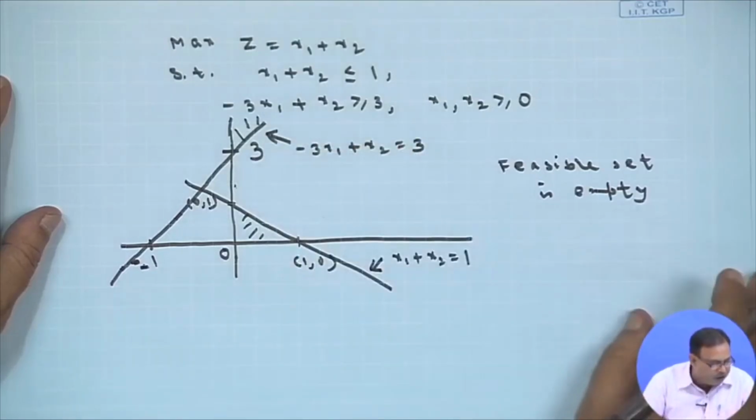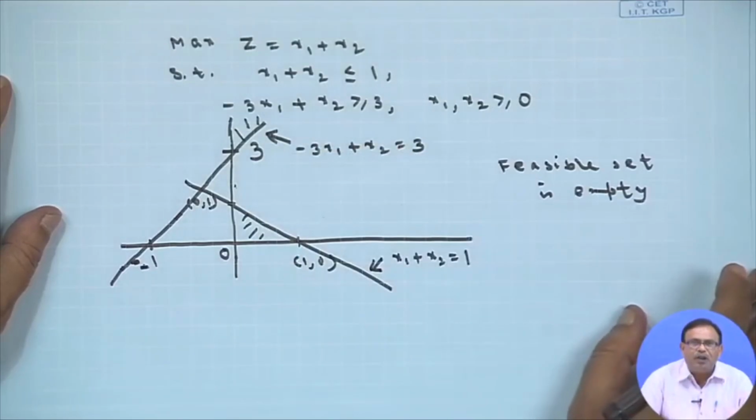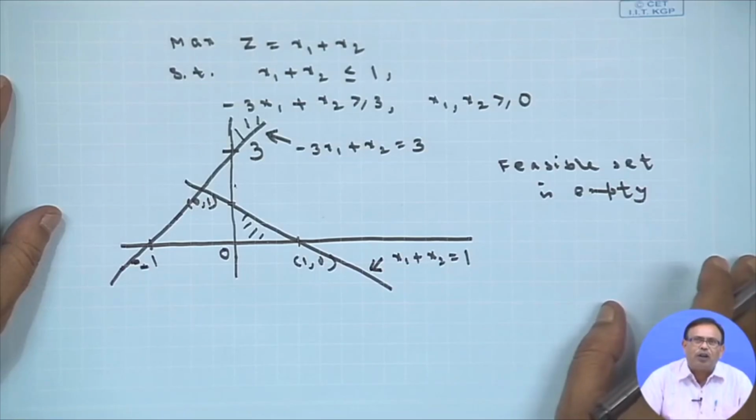So, feasible set is empty, and once feasible set is empty means, as you know, the solution whatever will be there, which will satisfy the constraint and the non-negativity condition, always must lie in the feasible region. But the feasible region is equals to the intersection of the lines and the x 1 axis and x 2 axis on the positive direction.